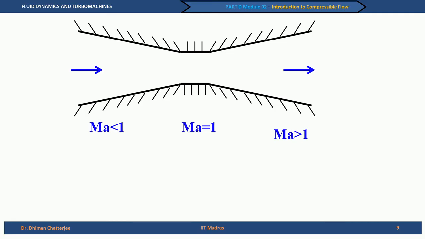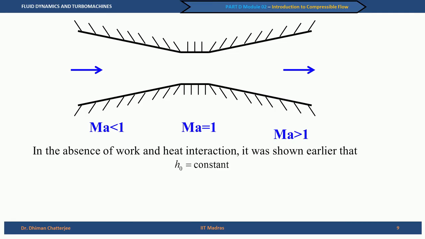accelerate the fluid. In the absence of work and heat interaction, it was shown earlier that H0 is equal to constant, which is the stagnation enthalpy is constant. We have discussed this as an example problem in thermodynamics when we talked about flow in a nozzle or a diffuser.